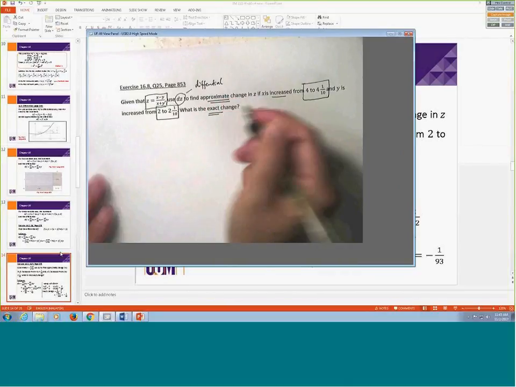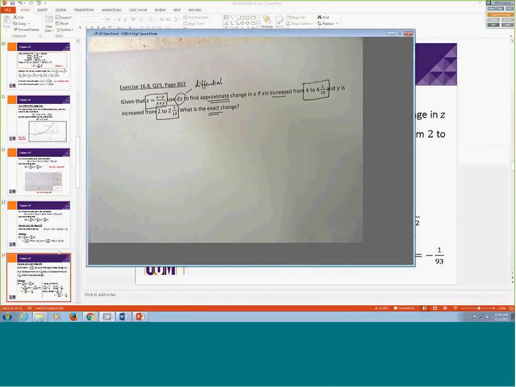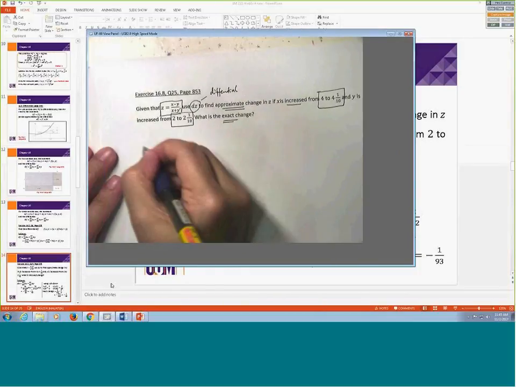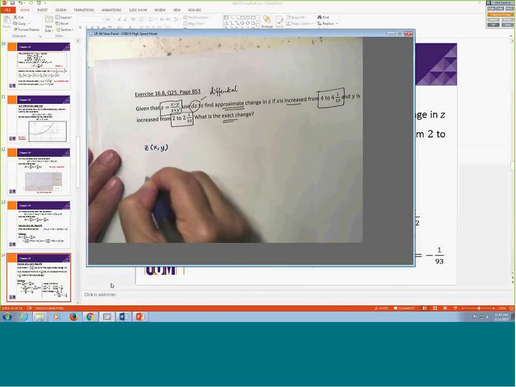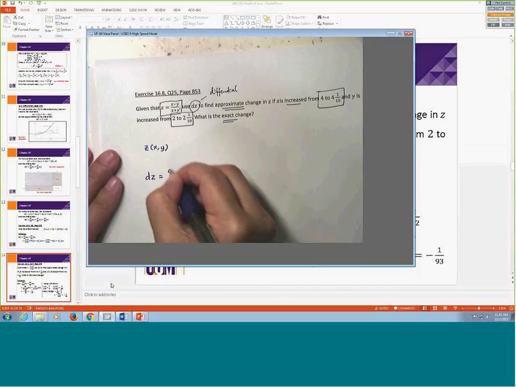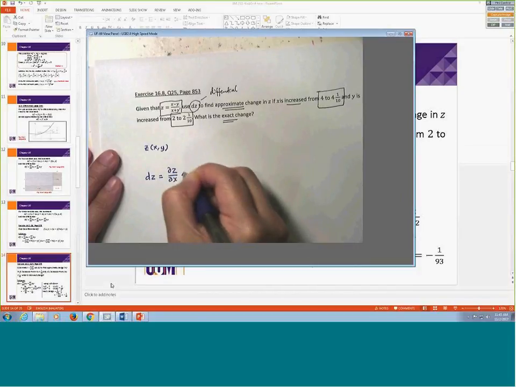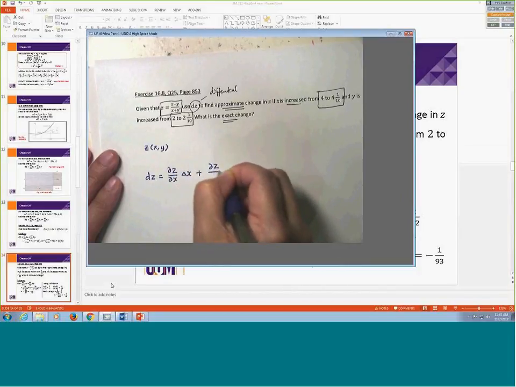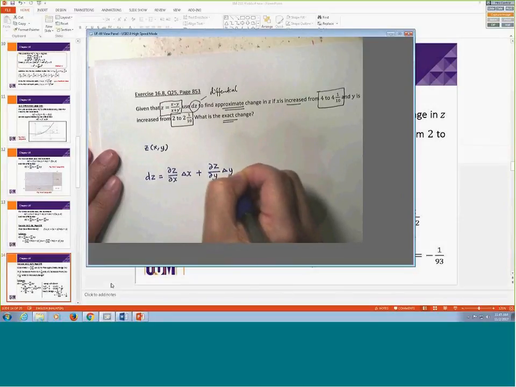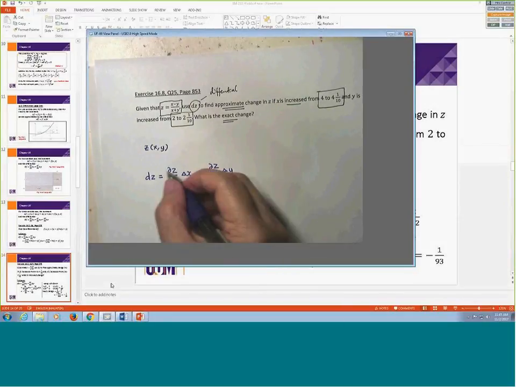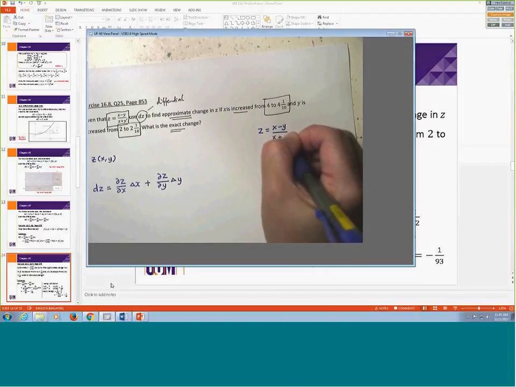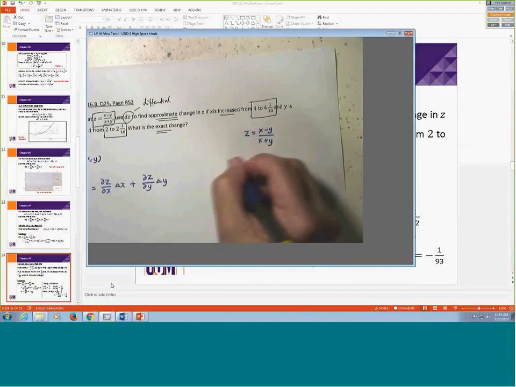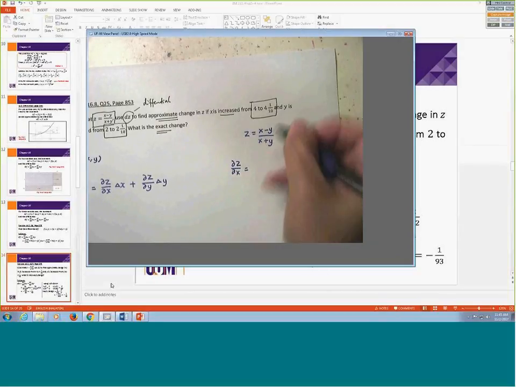So the first part, remember this is z in terms of x and y. So our formula dz will be del z del x delta x plus del z del y delta y. What is the del z del x? Z is (x minus y) over (x plus y). So to find del z del x, use the formula for u over v.